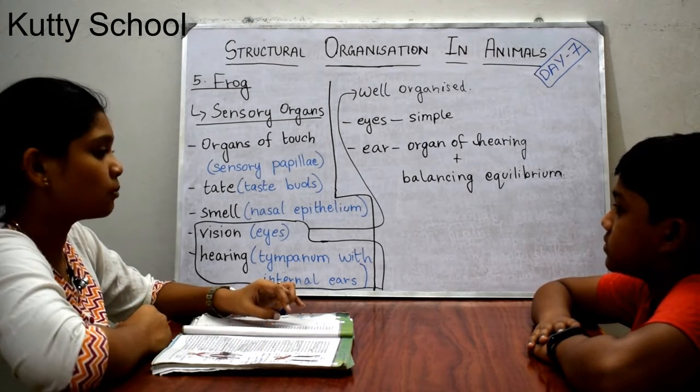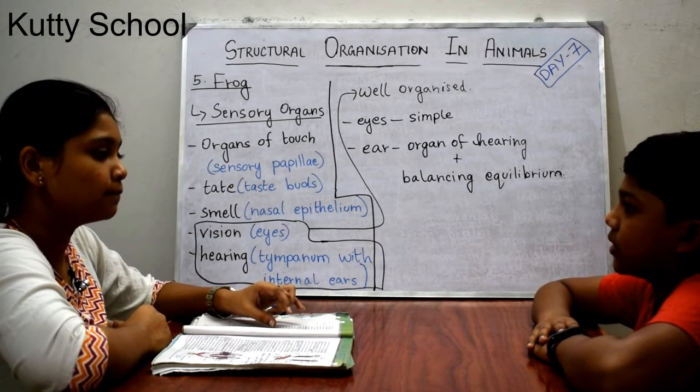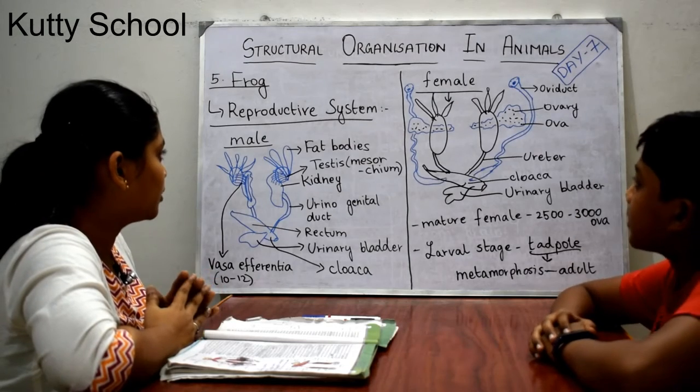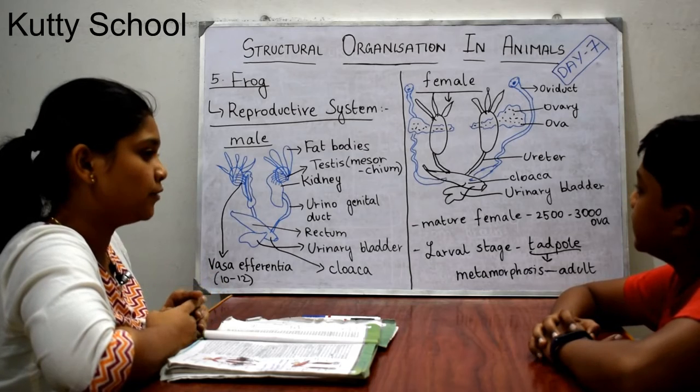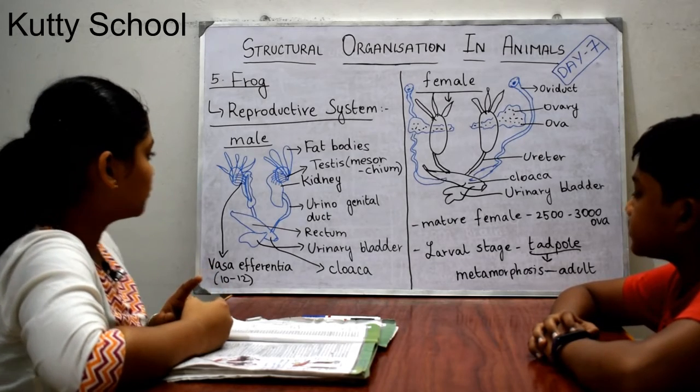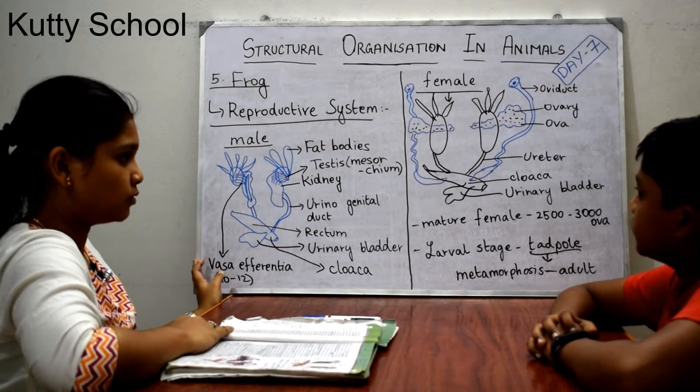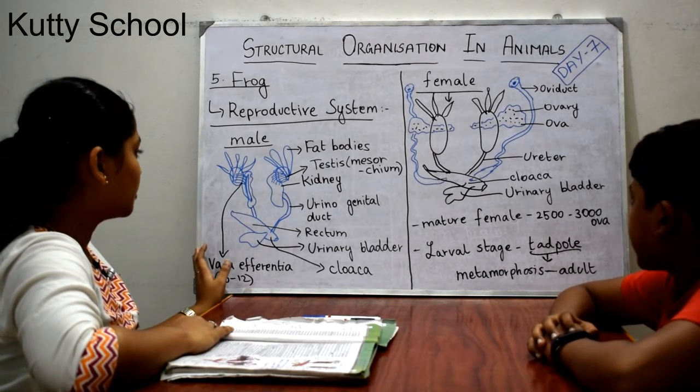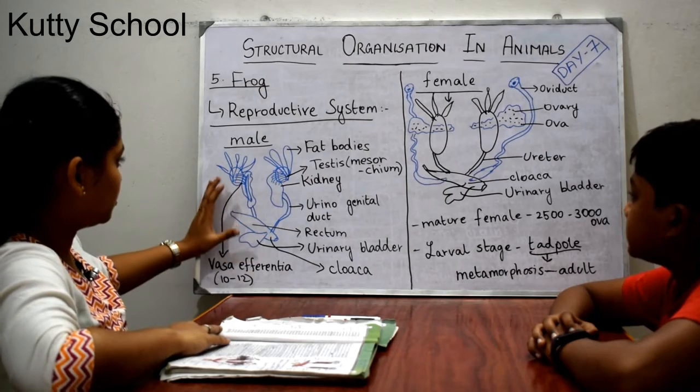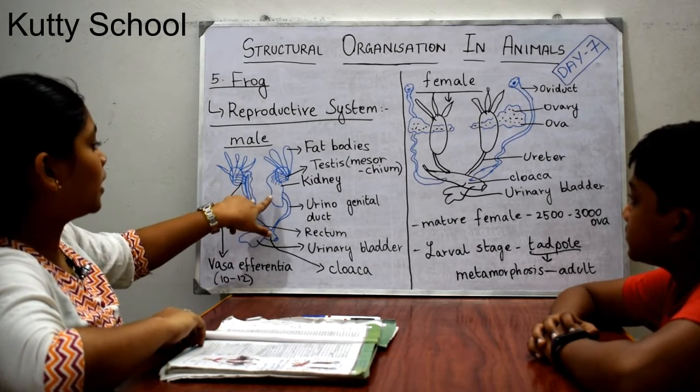So next we will discuss the reproductive system in frogs, both male and female. First we will discuss the male reproductive system. If you see the structure, these two are kidneys.